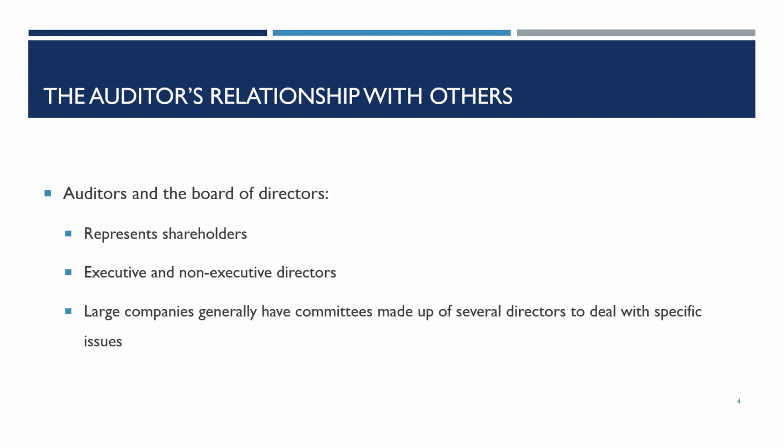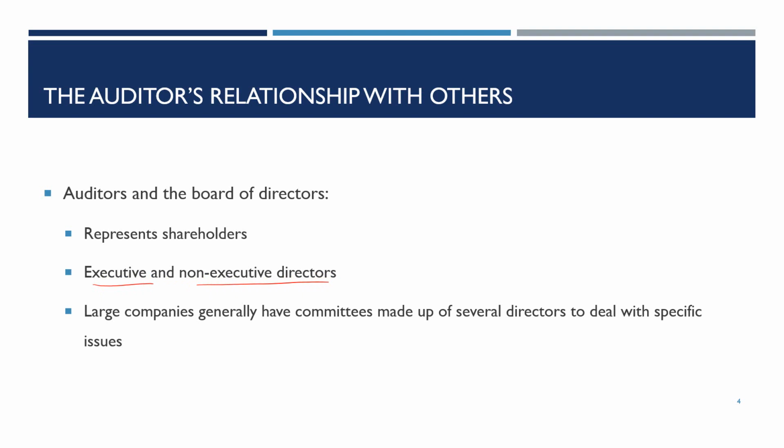The board of directors oversee the activities of the company and its management on behalf of the shareholders. A board of directors will generally comprise a mixture of executive and non-executive directors. So what is the difference between executive and non-executive directors?